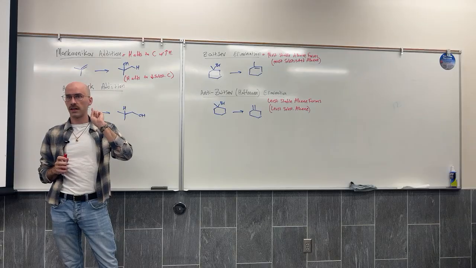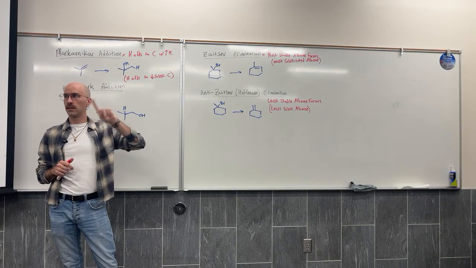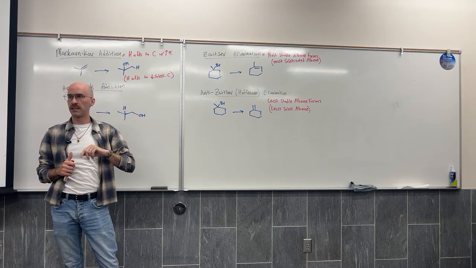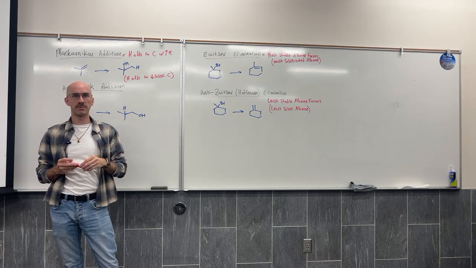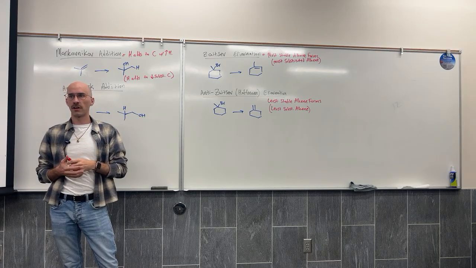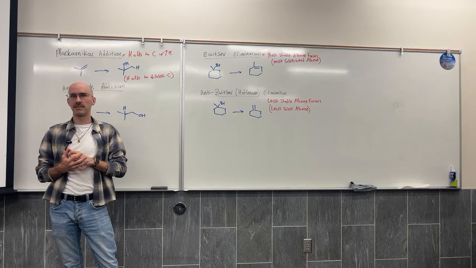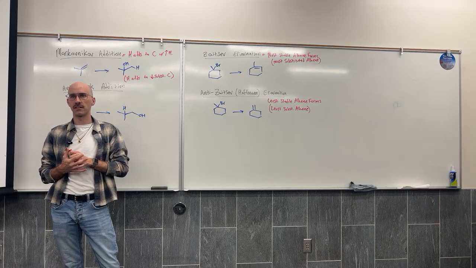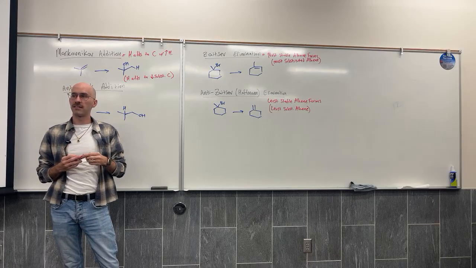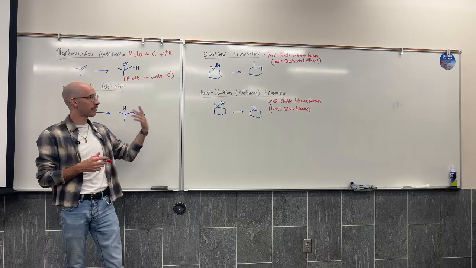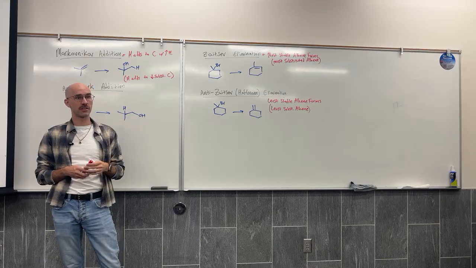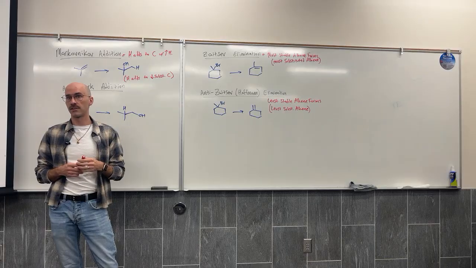Markovnikov had gotten his PhD in Europe, maybe Germany, a little bit before Zaitsev was defending his PhD. And Markovnikov actually, this is some like tea, 18th century tea. Markovnikov said Zaitsev's rule, the pattern that Zaitsev has identified in his dissertation, makes no sense. It's ridiculous. He does not deserve to get a PhD over what he's defending.